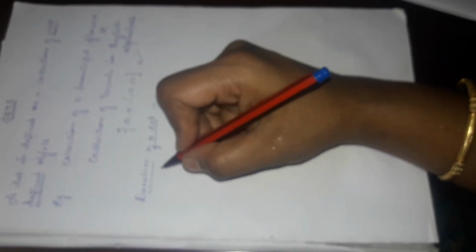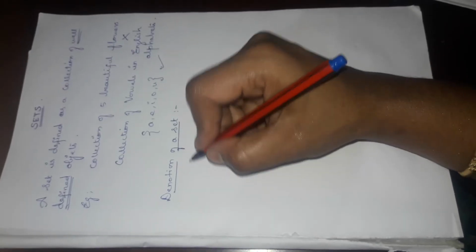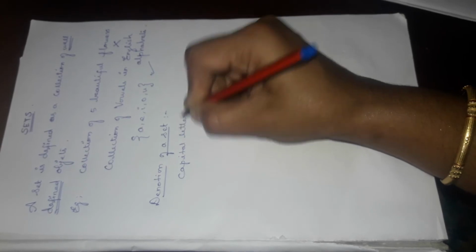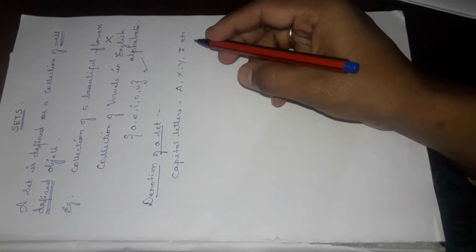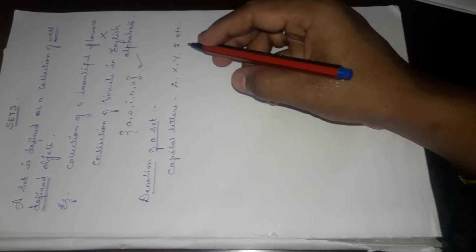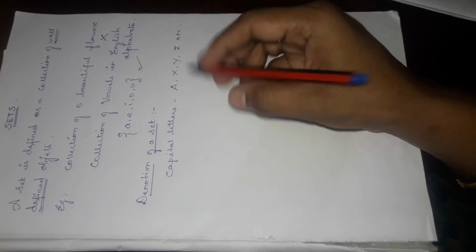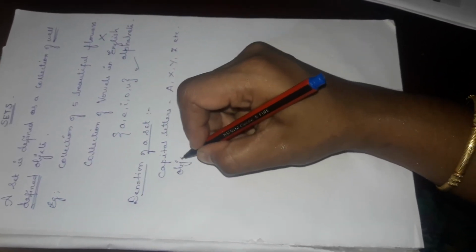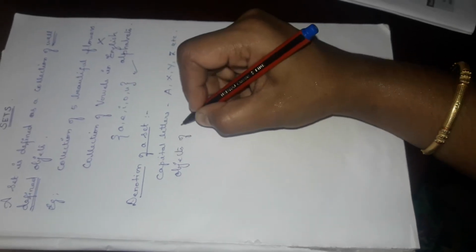So a set is always denoted by capital letters like A, X, Y, Z, etc. So the set is always denoted by using capital letters, and the objects of the set are called elements. The objects of a set are called elements.